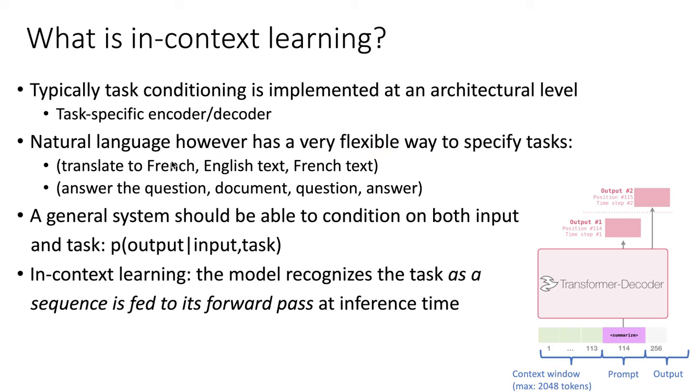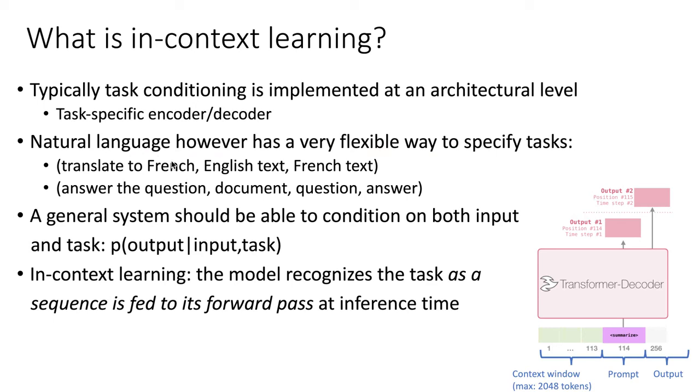So typically, when you want to create a model for a specific task, the conditioning for that task is implemented at the architectural level. So you choose your architecture for that specific task. However, that's not how, for instance, humans do. When you want to teach a human a new task, you just explain it in natural language.